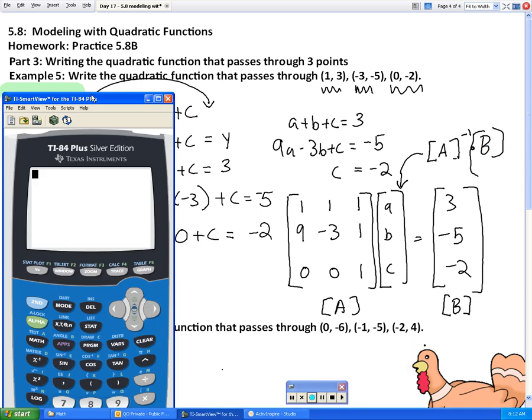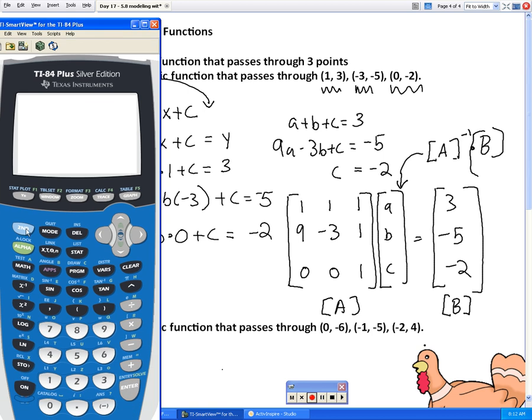Let's grab our calculator. Go to our matrix menu. So we've got 1, 1, 1, 9, negative 3, 1, 0, 0, 1, and then I'm going to edit matrix B. And that's going to be 3, negative 5, negative 2.